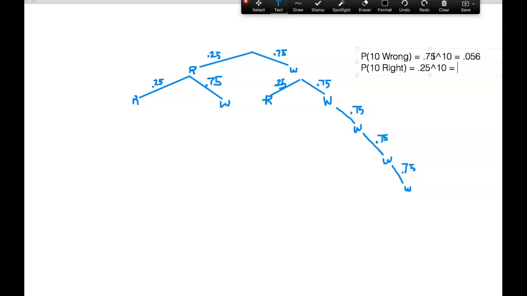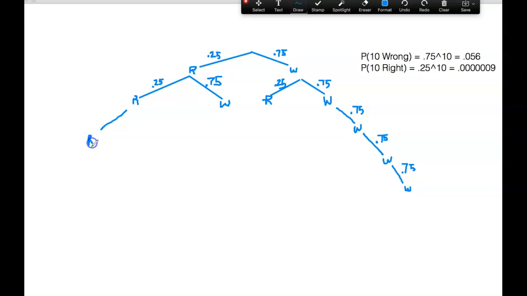The answer is not 9.5; e negative 7 means 6 zeros. The probability of getting all of them right. What are the chances of that happening? That's really small. The branch that we would go down is this branch right here.